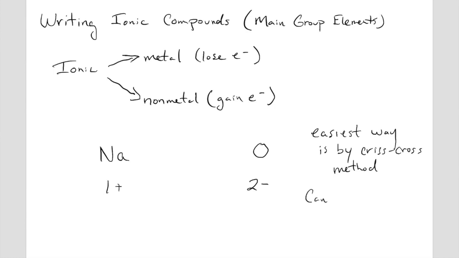So for sodium, which is +1, that tells me I will have 1 oxygen in the compound, and the 2 from the oxygen becomes the subscript of the sodium, giving the formula Na2O. This can only be done for main group elements in terms of those charges.